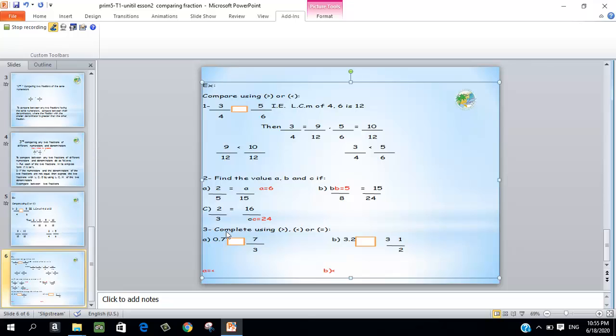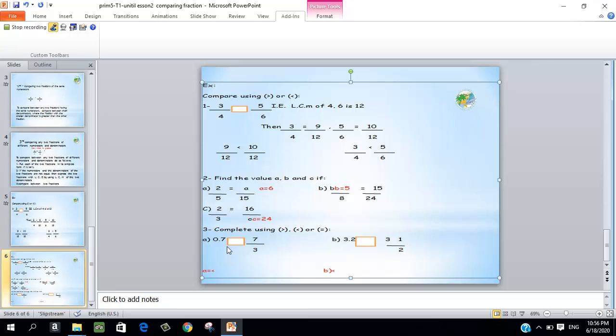Question 3, it's a very important question. Complete by using more than, less than, or equal: 0.7 and 7 over 3. Is 0.7 a decimal number? Yes. Is 7 over 3 a fraction or a decimal number? This is a fraction. We can't change this fraction into a decimal, but we can change a decimal number into a fraction.